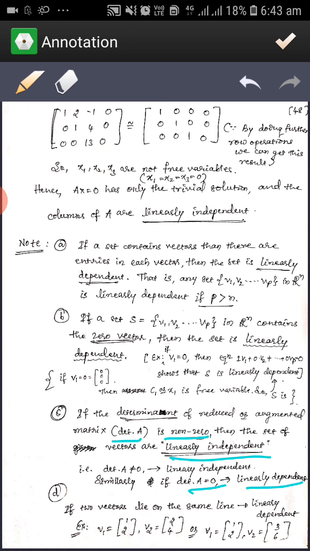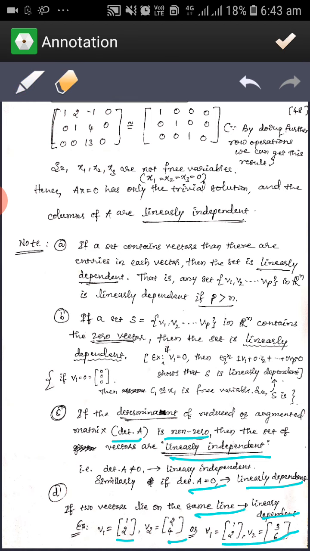One more point: if two vectors lie on the same line. How can we know that? We can see the values here, 1 by 2 and 2 by 4. It is nothing but 1 by 2 only, just scaled by 2. Similarly, 1 by 2 and 3 by 6 is scaled by 3. If it is like this, then it is linearly dependent.